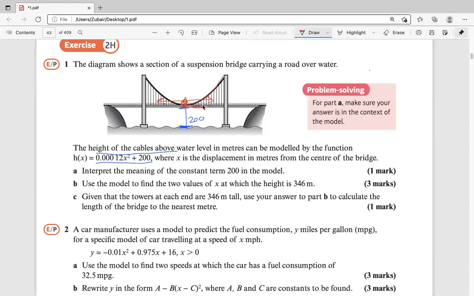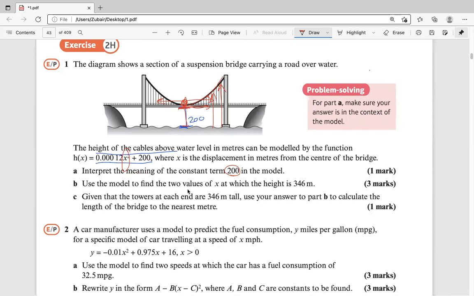So when we move towards right or left, this distance becomes more than 200. So interpret the meaning of the constant term 200 when x is 0. When we substitute x equals 0 here, we get 200. That means the minimum distance between water and cable is 200. It is not less than this at any time.